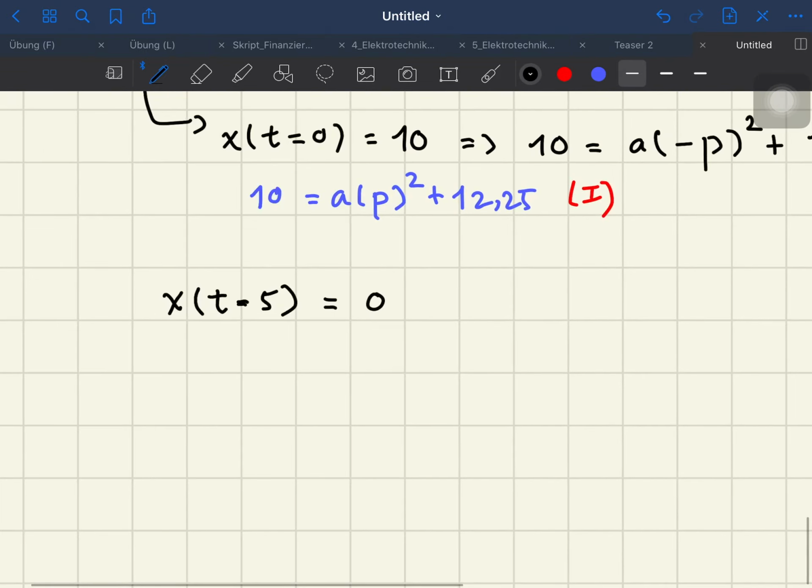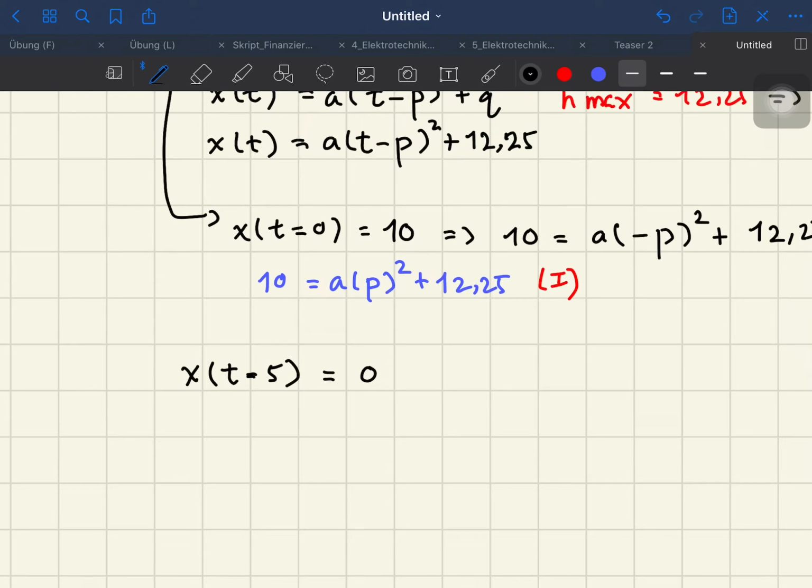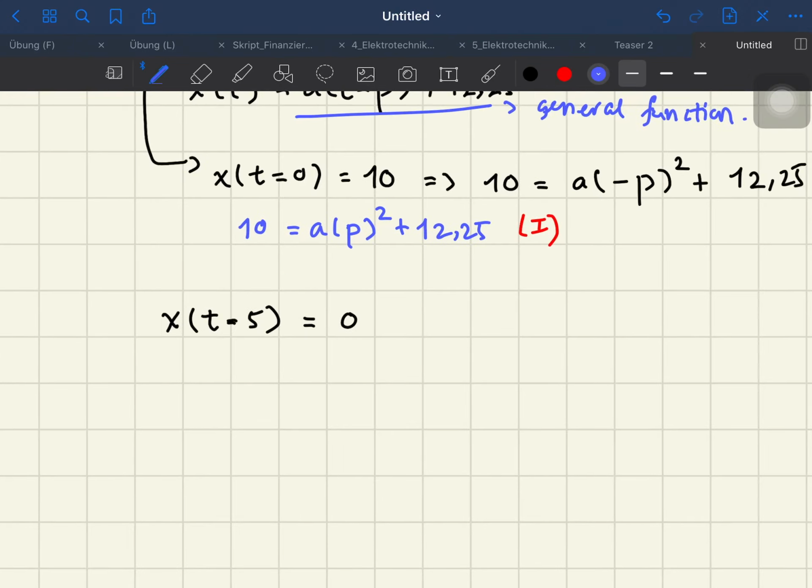So 10 minus 10 equals 0, obviously. Now you will have again the same general function on the top, with a and p inside.